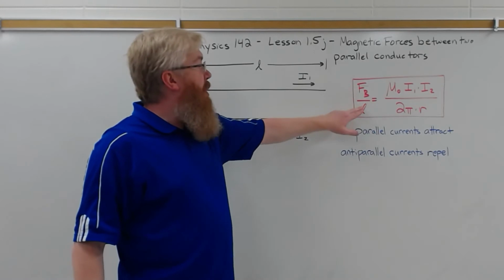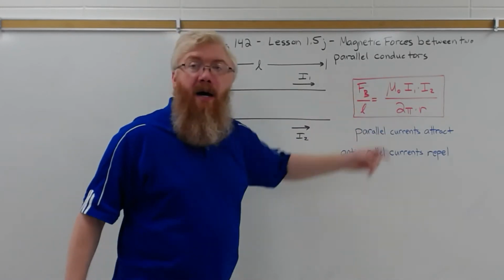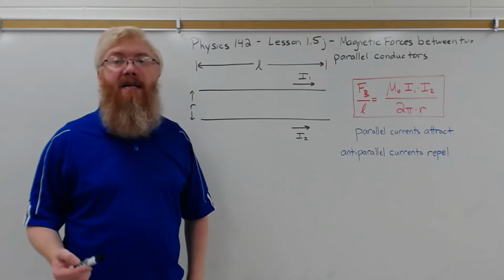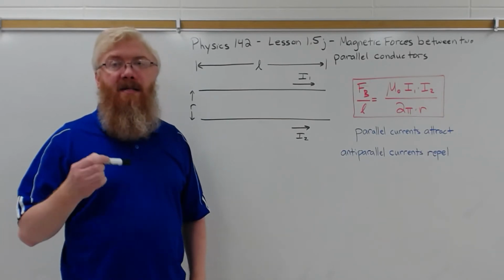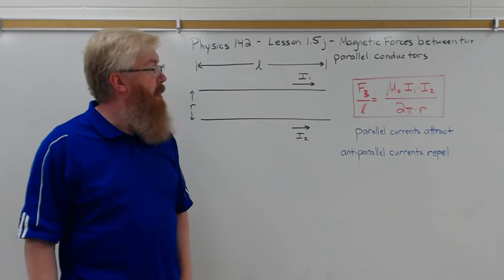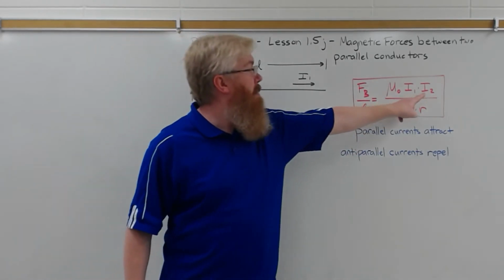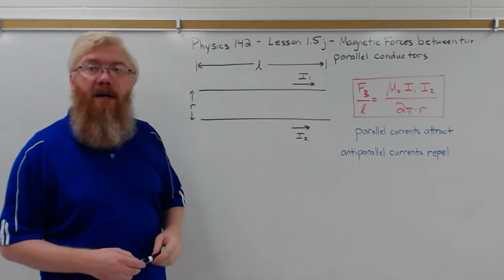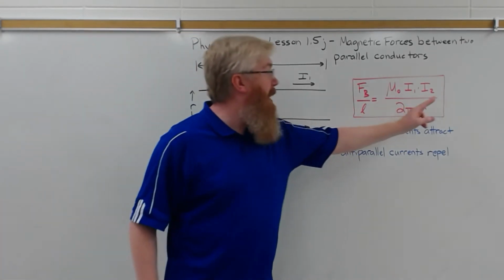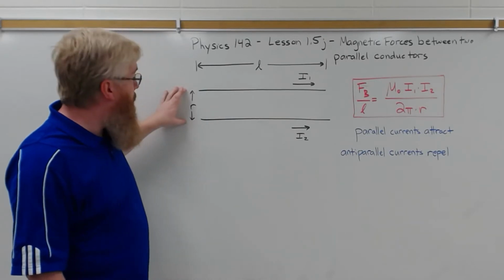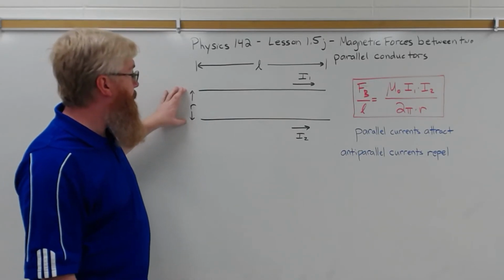The force per unit length is equal to mu naught, which is this permeability of free space constant, 4 pi times 10 to the minus 7 Teslas times meters over amperes, times the current going through wire 1, I1, times the current going through wire 2, I2, divided by 2 pi times the separation r between the two wires.